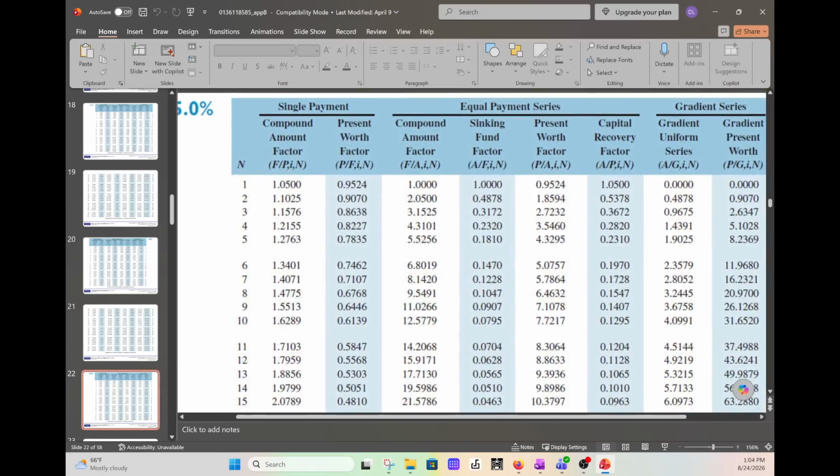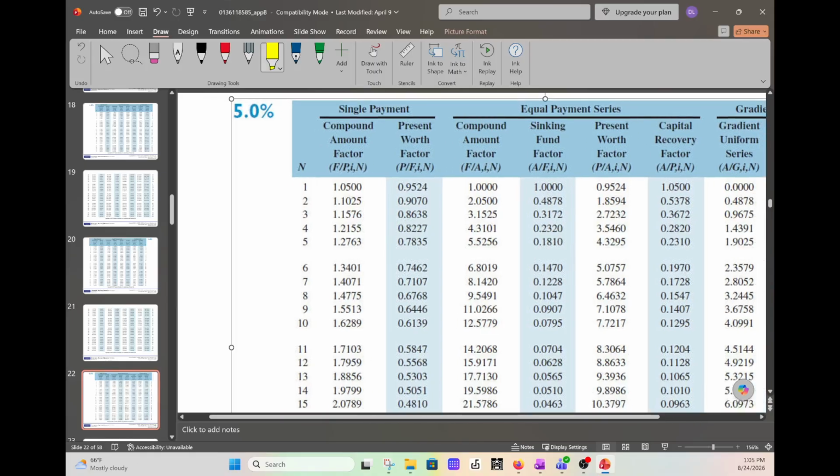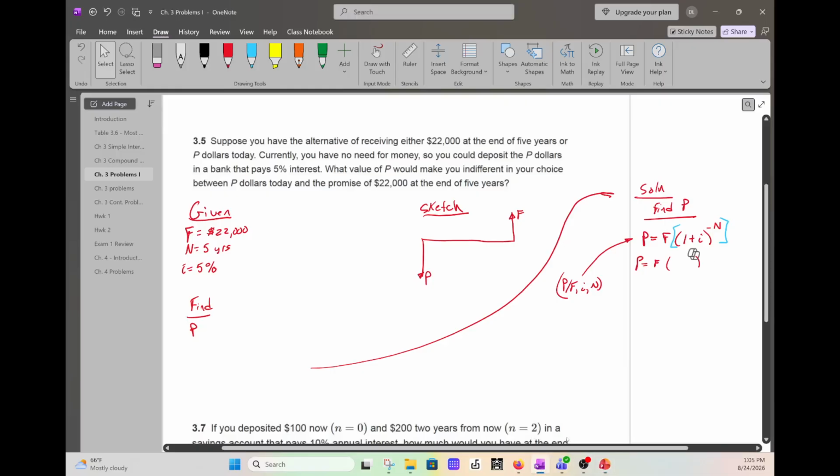We're looking at this column, because it's P over F, comma I, comma N. We're looking for P given F. We have to make sure we're at the right interest rate, so we're at 5%, in this column, looking for P given F. How many years? 5 years.